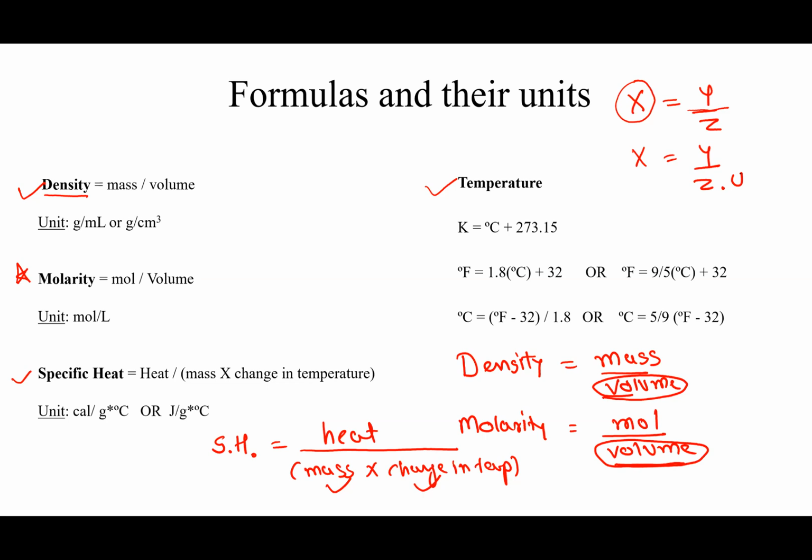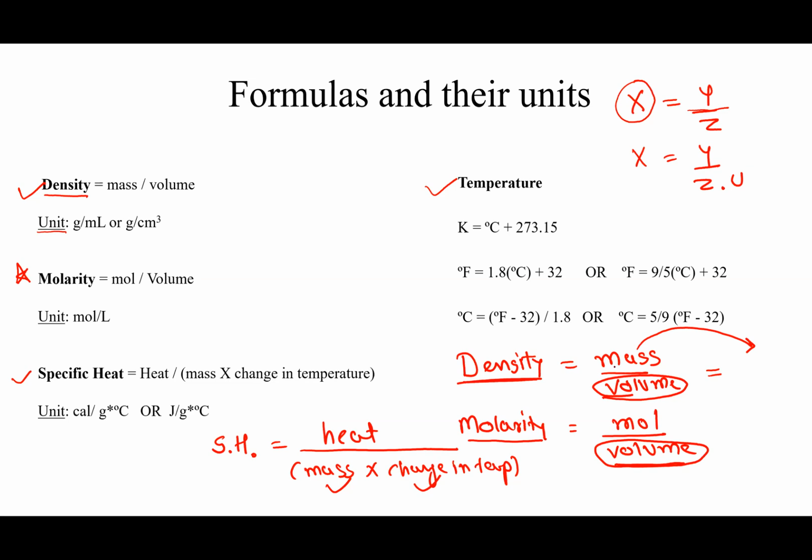Okay. The unit I have given to you, right? Again, you need to understand what is density, what is molarity, what is specific heat in order to understand the unit. However, I'm just going to simplify this for you. If you know the formula for anything, when you know the formula for density, when you know the formula for molarity, all you have to do is simply write the unit for each of these values.